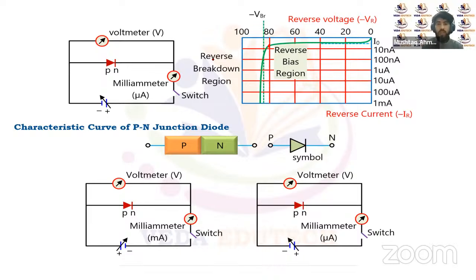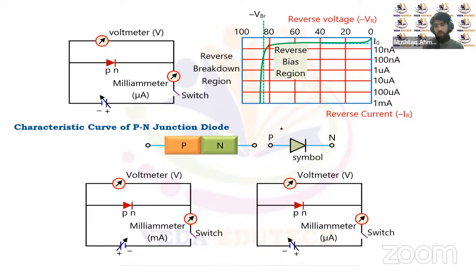The voltage where breakdown occurs in reverse biasing we call the reverse breakdown voltage for the PN junction diode. So this is how we bias the PN junction diode in the reverse bias condition: we connect the negative end of the battery with the P type and the positive end with the N type.